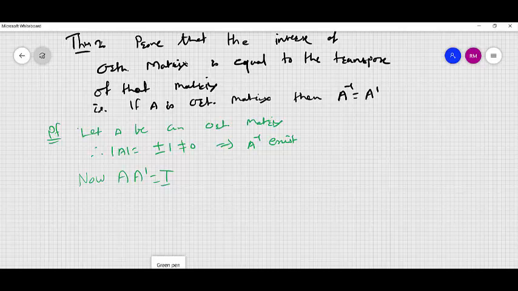So pre-multiply by A inverse on both sides, and use the associative property.